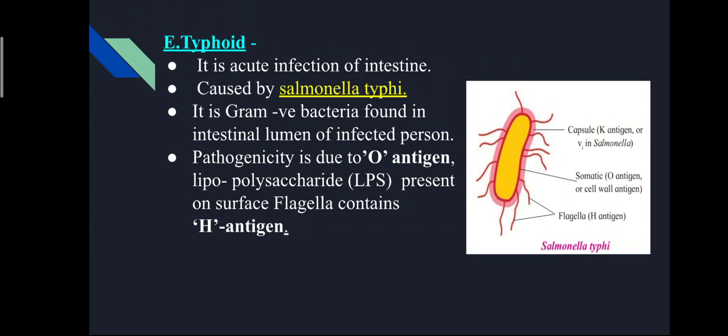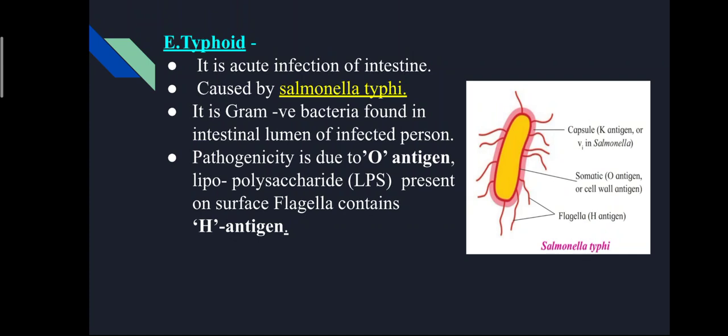Bacteria of typhoid is gram-negative bacteria. It is found in the intestinal lumen of infected person. Pathogenicity is due to O antigen. See in the diagram, the body covering shows the O antigen.